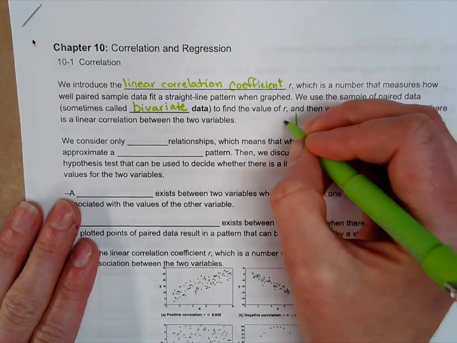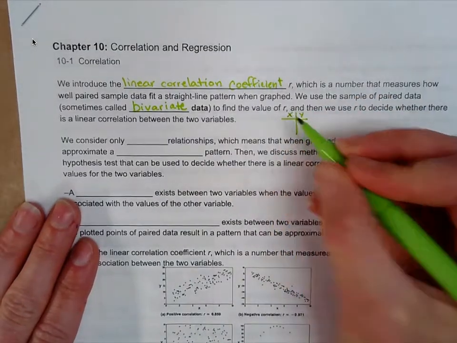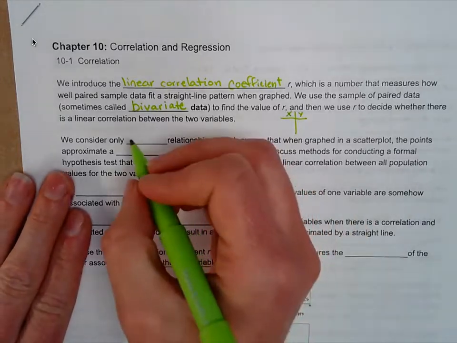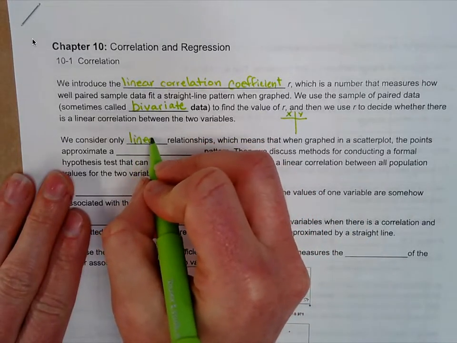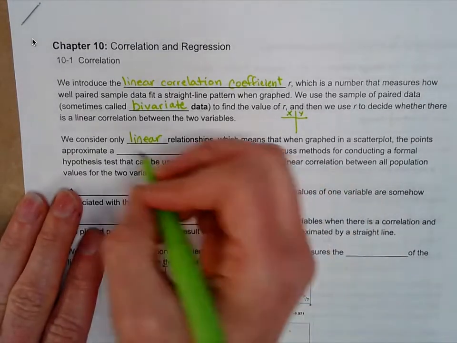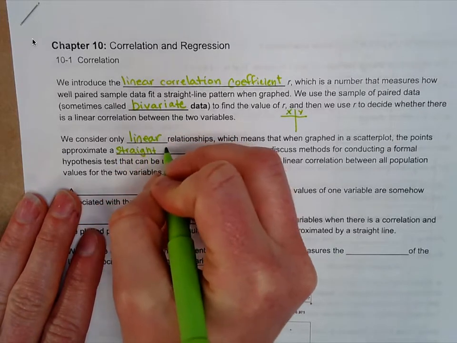So we will have a table of X and Y collecting data, and then use that data to find out how well the data is correlated. We consider only linear relationships, which means that when graphed in a scatter plot, the plots approximate a straight line pattern.